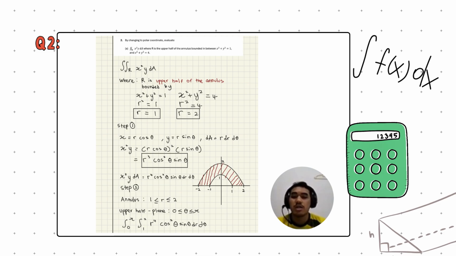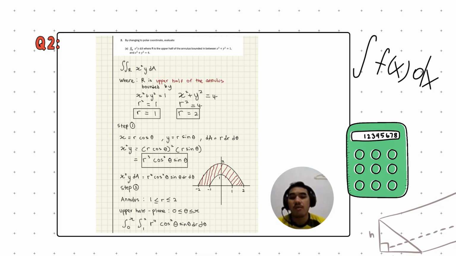For the second step, we have to convert to polar coordinates, so we know x equals r cos theta, y equals r sin theta, and dA is equal to r dr d theta. When we substitute into x squared y, we get (r cos theta) squared times r sin theta.